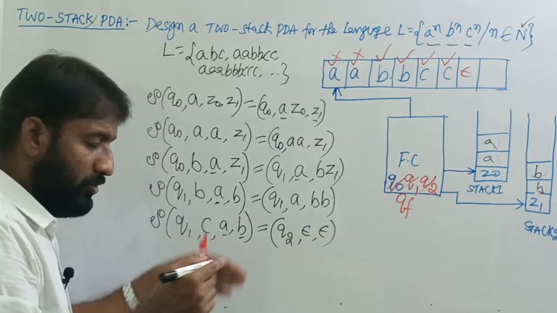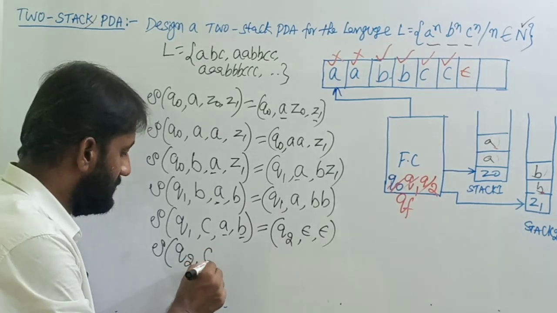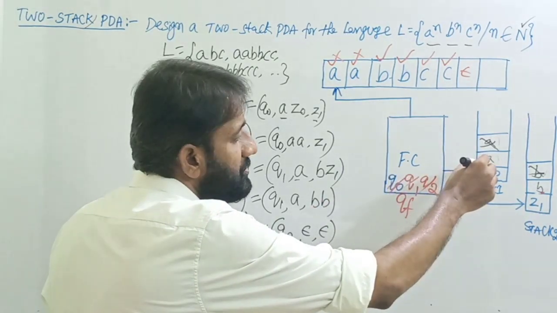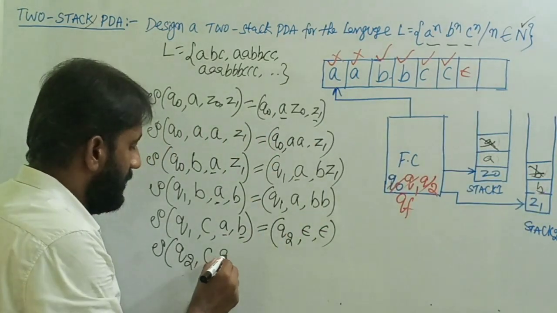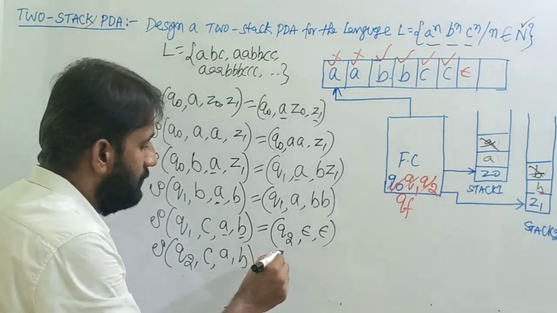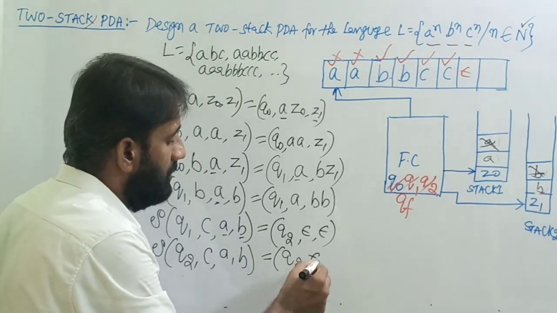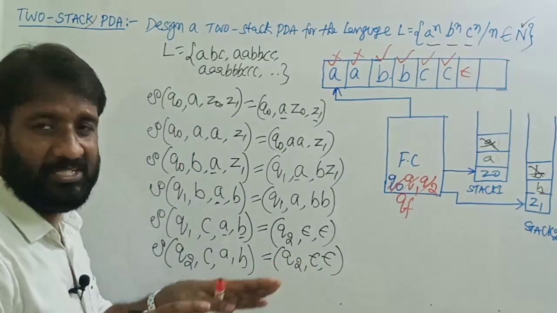Okay, let's assume one more C is there. So write the transition of Q2 comma C. If one more C is there, definitely we have one more A in stack 1 and one more B in stack 2. So A comma B, that is equal to, remains on the same state. Pop the element from stack 1, pop the element from stack 2. Let's assume that all C's are exhausted.